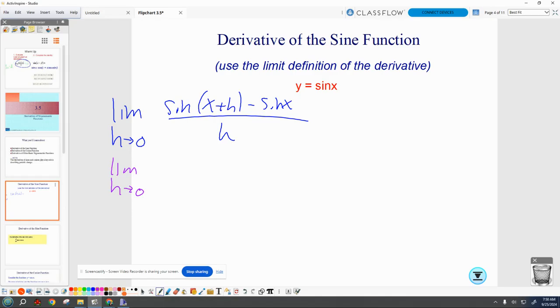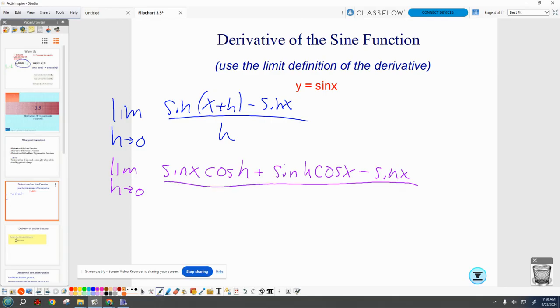Okay, sine A plus B. That was sine x, cosine h, sine the sides match, and then we trade the angles around: sine h, cosine x, minus sine x. Any suggestions on some smushing, moving around?